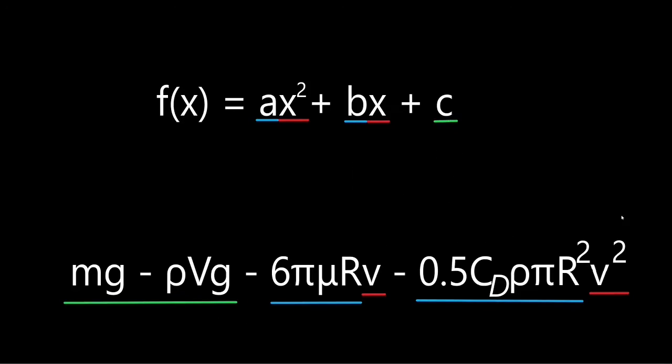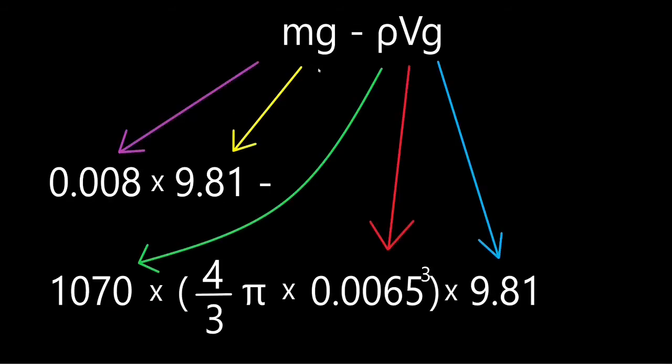Let's start simplifying all these little terms here. Let's start at the C, this one here. mg minus rho times v times g. In our case, our fluid has a density of 1070 kilograms per cubic meter.